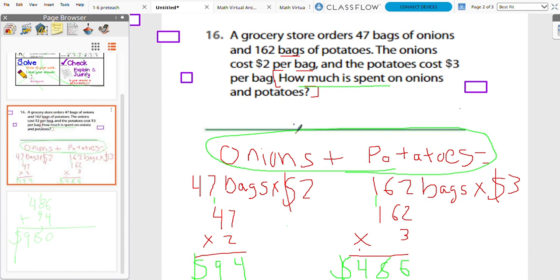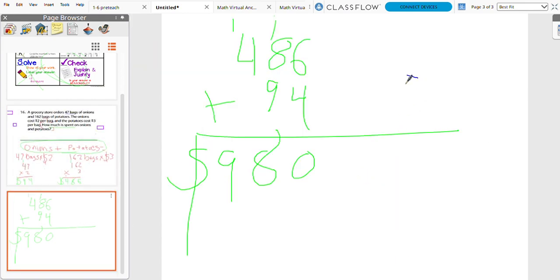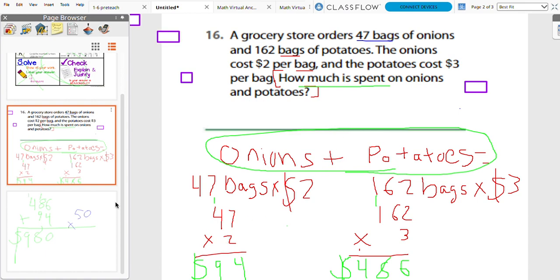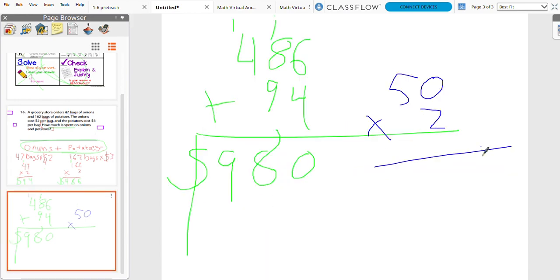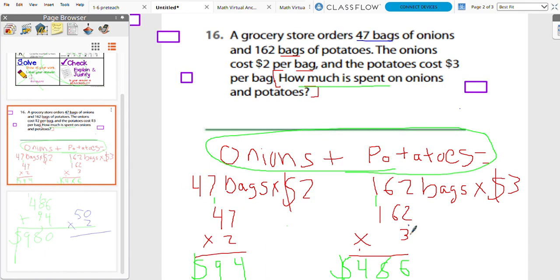So let's estimate. 47, I'm going to round. That's close to 50, so that would be 50, and those are at $2 a bag, so 50 times 2. Then I'm going to look at 162. 162, I would say, is close to 150, and we could even say it's close to 200.